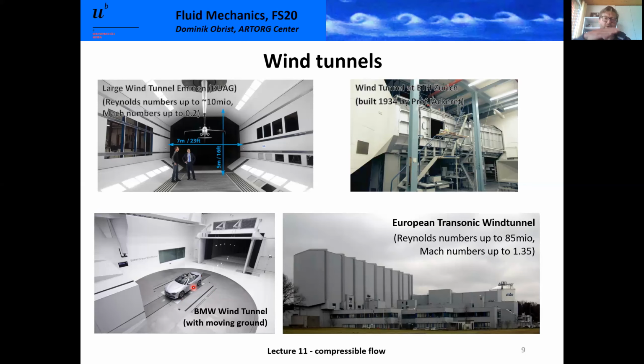Because the road is moving relative to the car, and what will develop in reality is more like a Couette flow. Okay? So in order to obtain this Couette flow, in order to obtain correct boundary conditions at the bottom of the car, you need to have a ground that is moving at the speed of the car, to get the right boundary conditions.